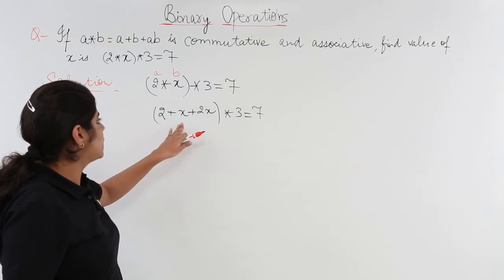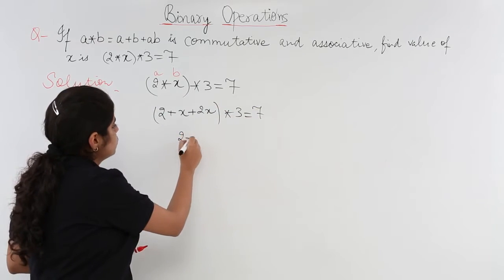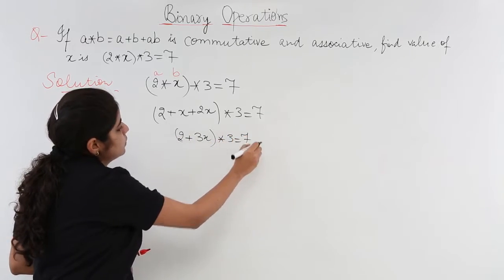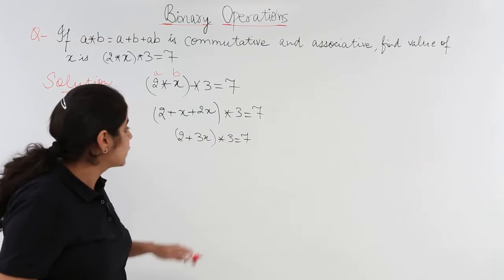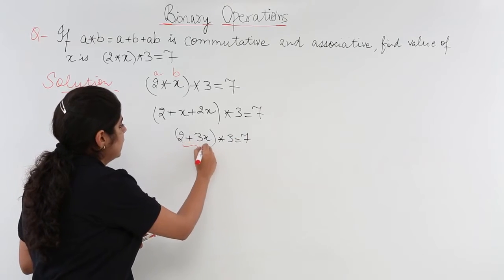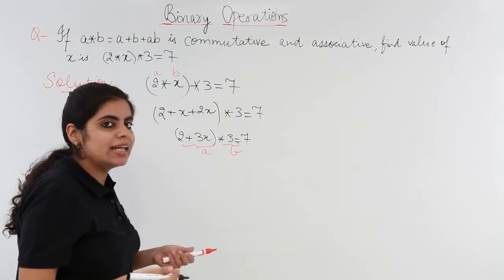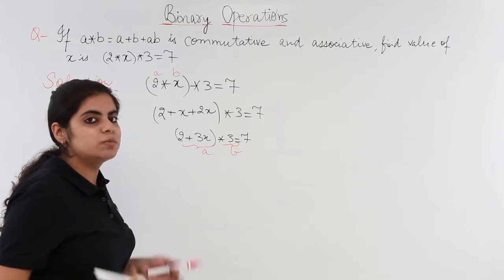Now, 2 plus x plus 2x, that means 2 plus 3x star 3 is equal to 7. Now, this whole bracket acts as A, 3 acts as B, again A star B is equal to A plus B plus AB.